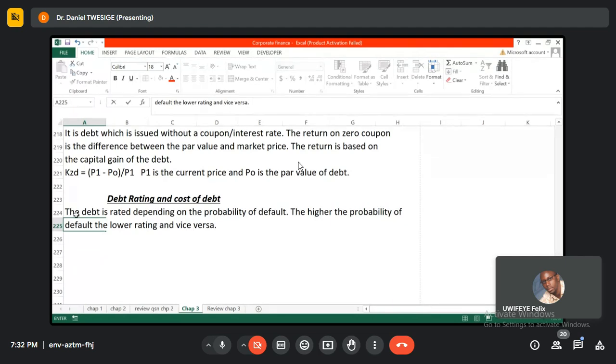If you have a debt which has got a high probability of default, it's going to be rated lower. If you have a low probability of default, that debt is going to be rated high. It means it has low risk.